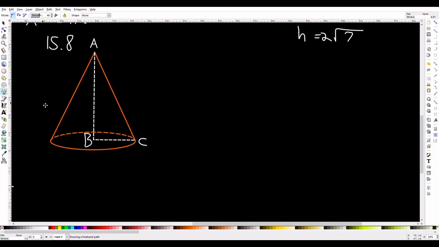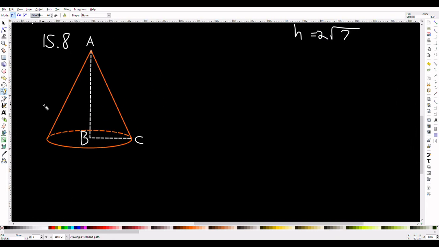Our last problem for today is 15.8. And this one's pretty quick actually. The cone is cut in two pieces by a plane perpendicular to AB at point X, where AX equals 6.